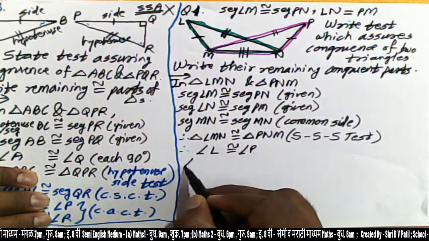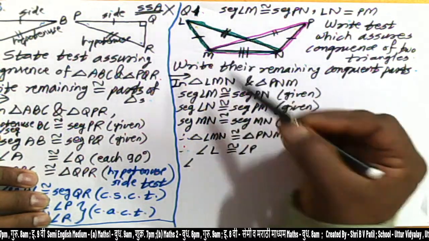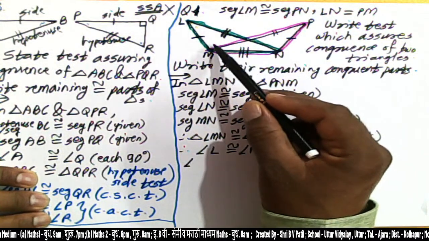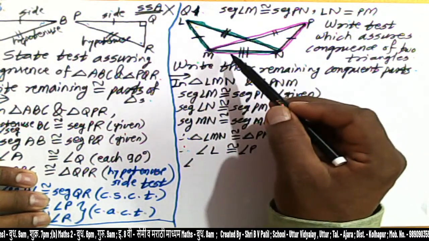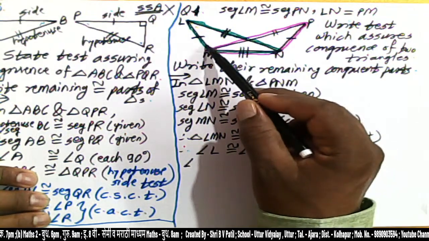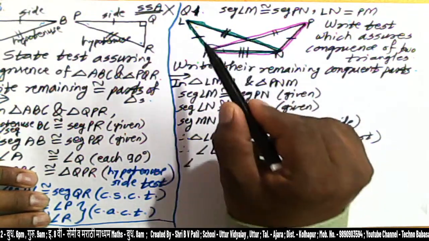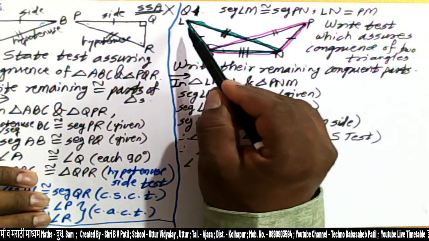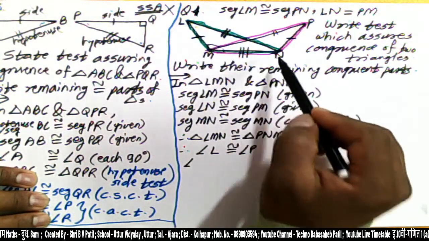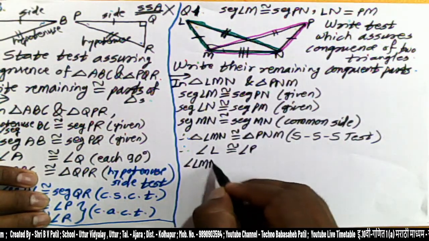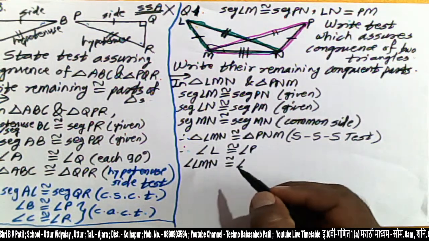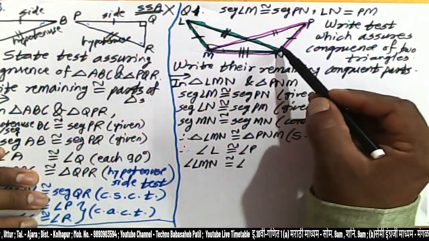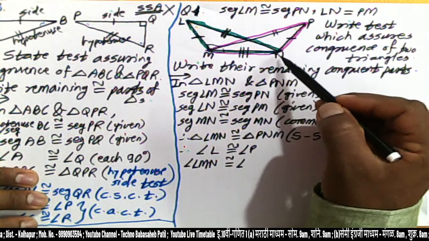Then another pair, angle M of the green triangle, that is angle LMN, congruent to angle PNM.